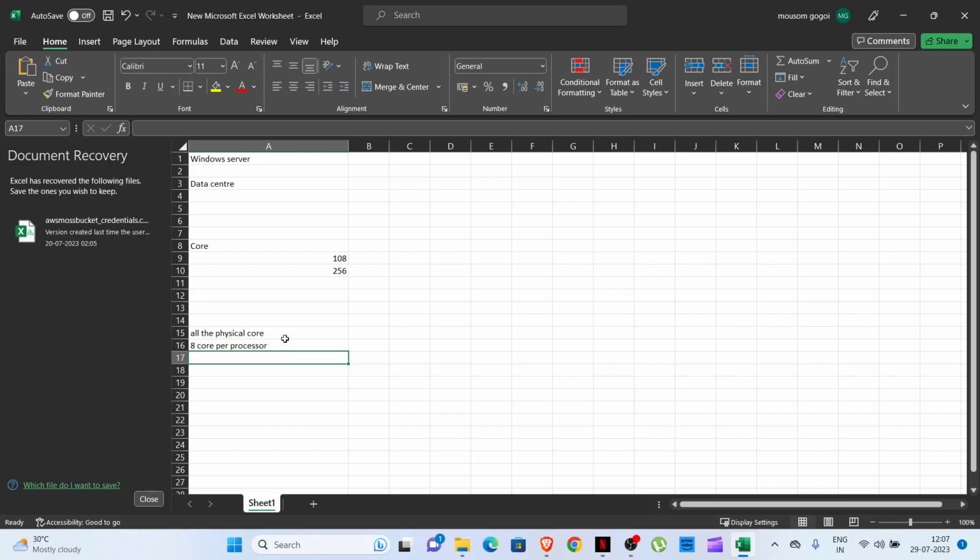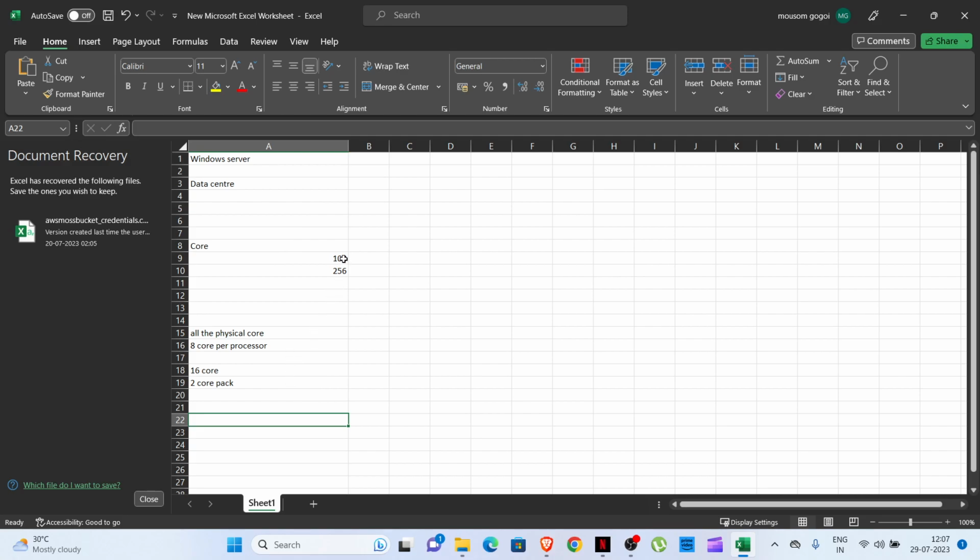Also, we need to understand the denomination of the licenses. It's in 16 core packs and 2 core packs. So these are the packs that we get, 2 core and 16 core.